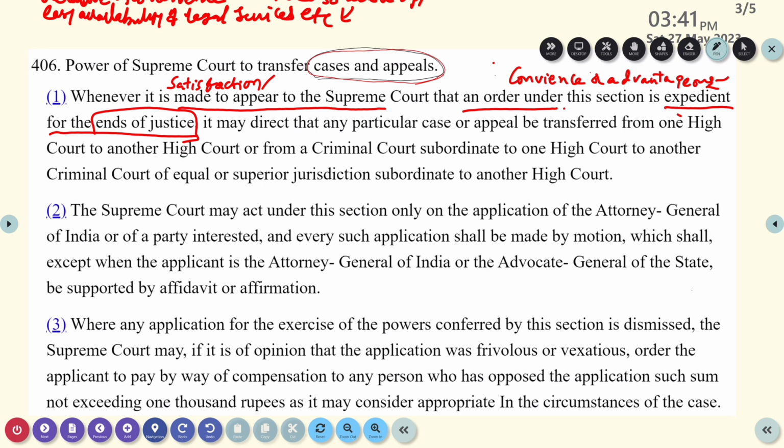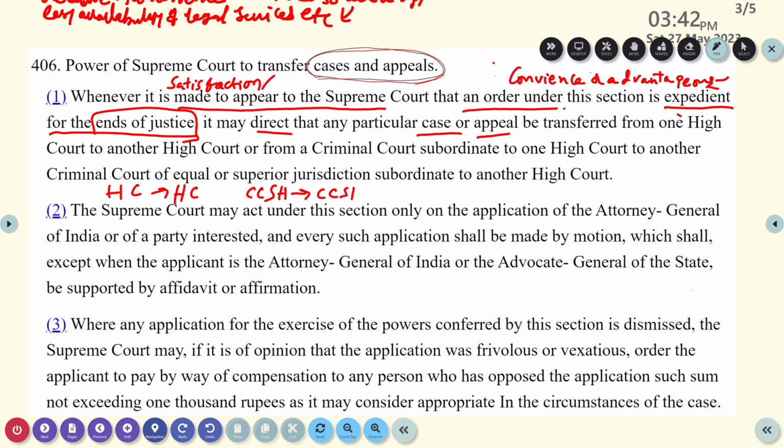If the court feels that, then it may direct that any particular case or appeal be transferred from one High Court to another High Court, or from a criminal court subordinate to one High Court to another criminal court of equal or superior jurisdiction.